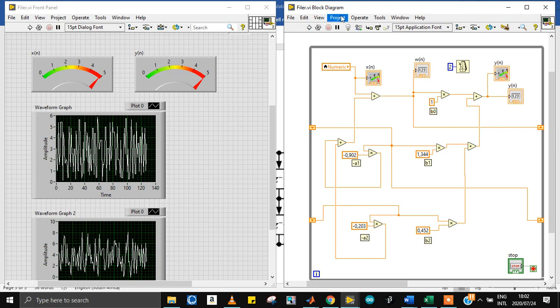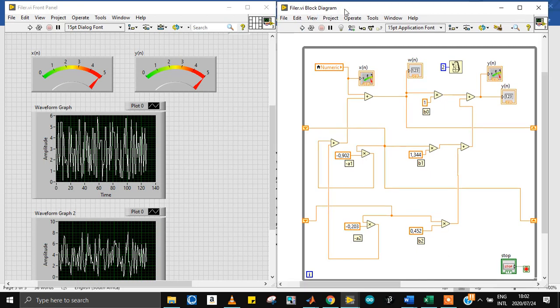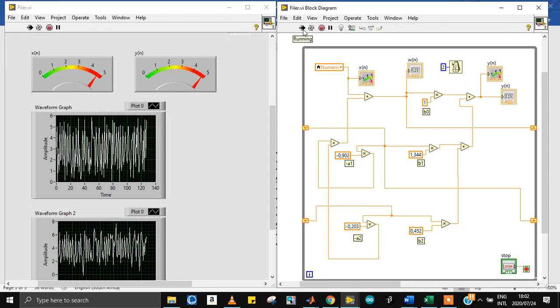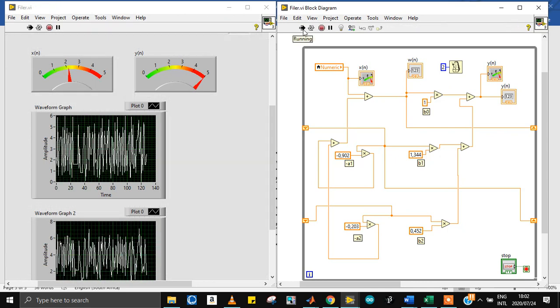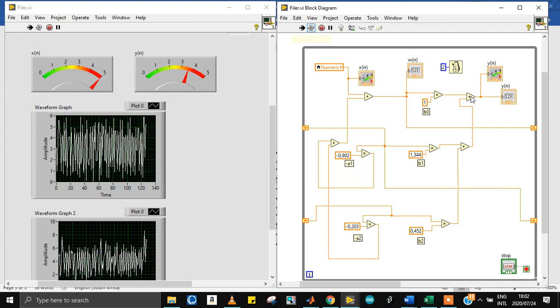I'm just going to run this so that we can see that our signal is successfully filtered. This is running, and if you can just look at the two graphs, you can see that our signal is filtered.